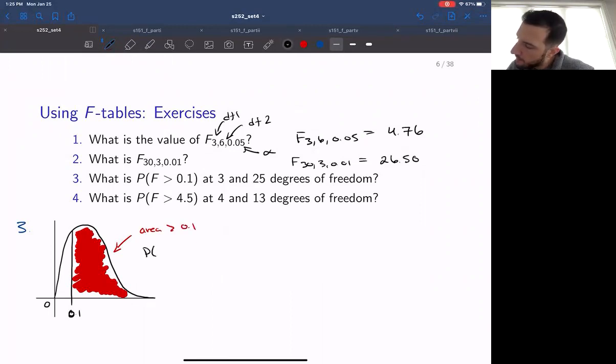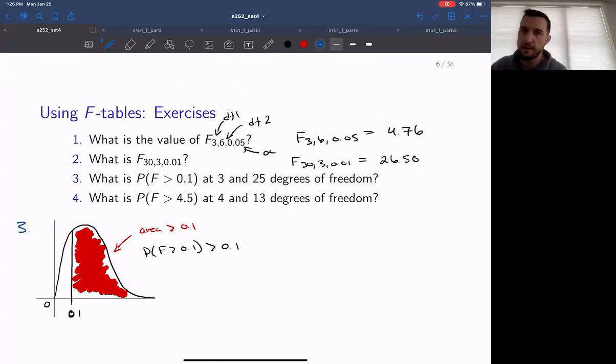So the probability that F exceeds 0.1 is greater than 0.1. In hindsight, using 0.1 was probably not the best idea because it's getting repeated a lot, but the value inside is the F value that sits on the axis, and the value on the outside is the largest tail area that we can work with given the structure of the F table.